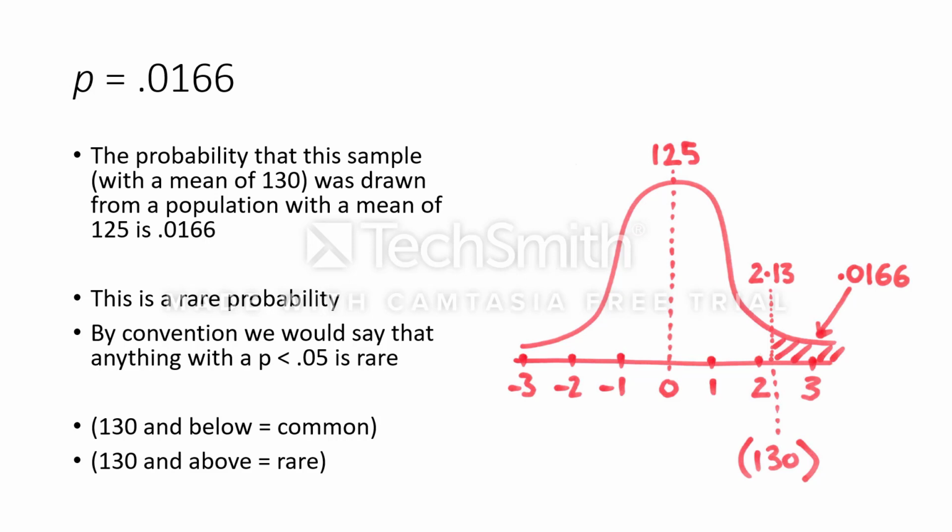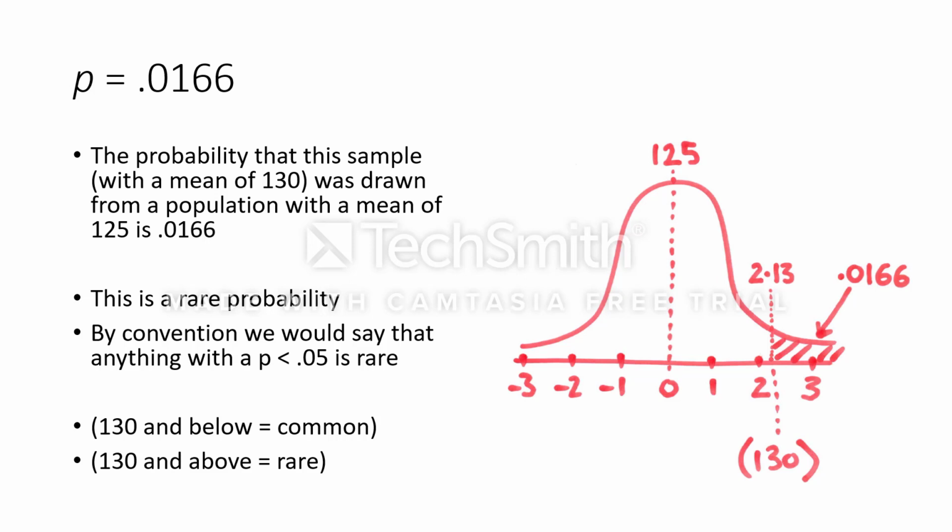It's just this little bit here in the tail, and our value of 130 would come in about here. This is our Z-score. We look up on the Z table what portion of scores would be below 130. Well, it was 0.98, and here over 0.0166.